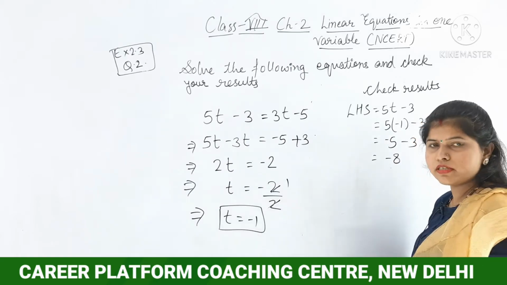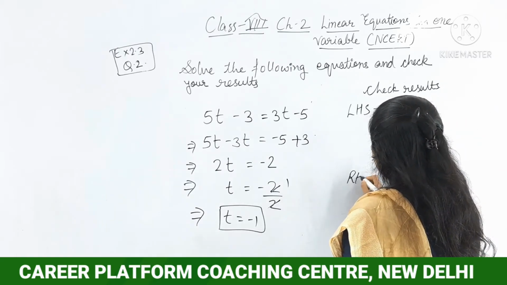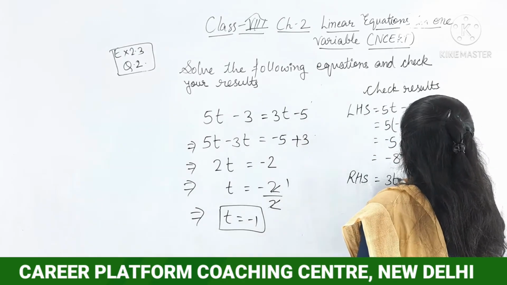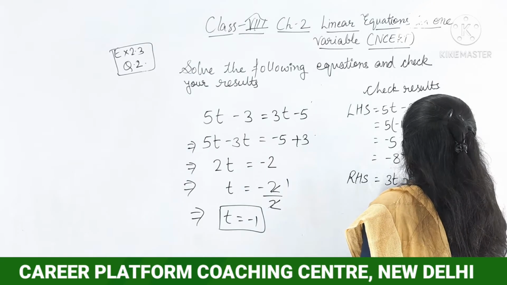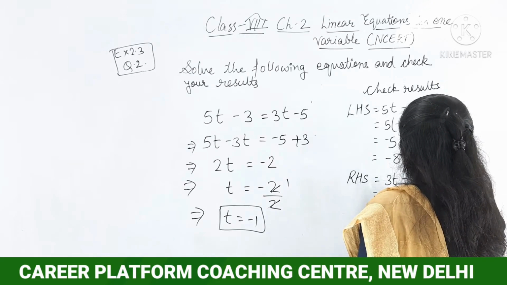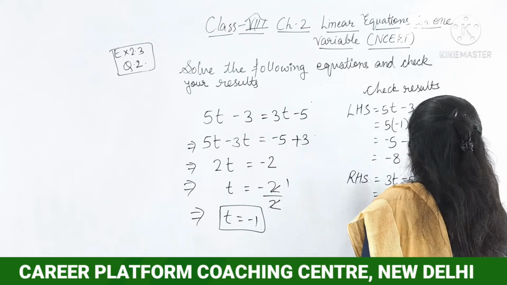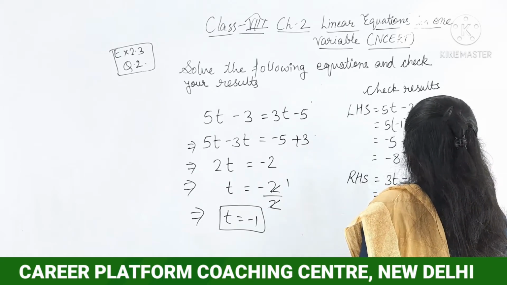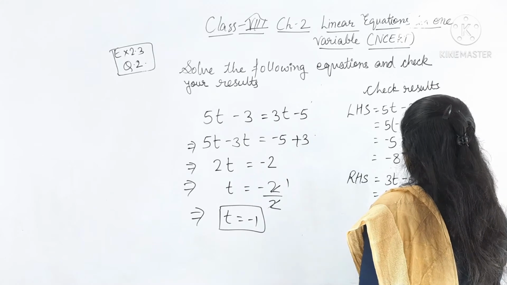I am getting the LHS. Now the RHS. RHS is 3t minus 5. So 3 into minus 1 minus 5. Minus 3 minus 5, same, I am getting minus 8.